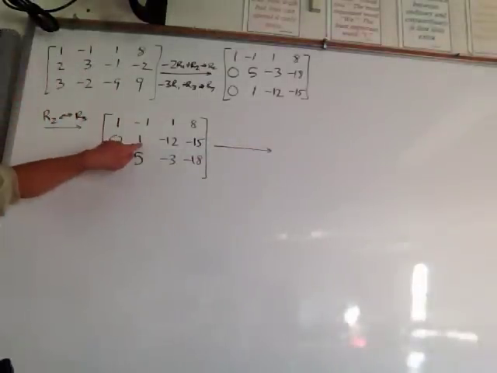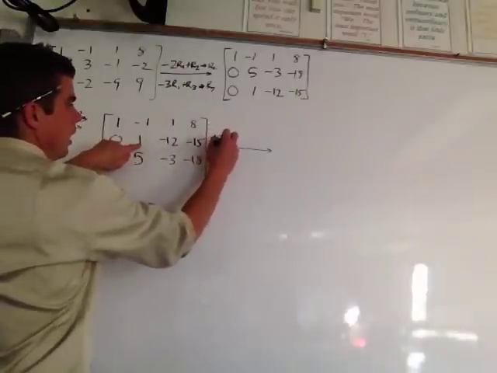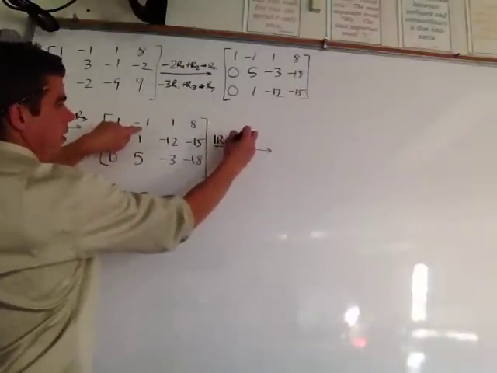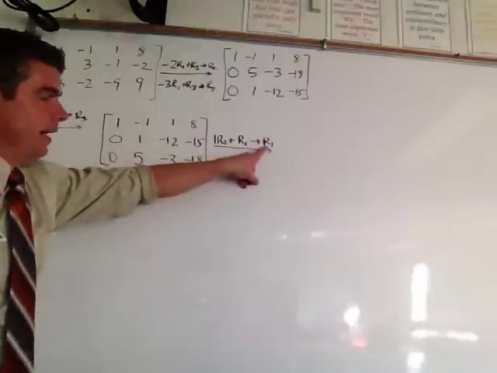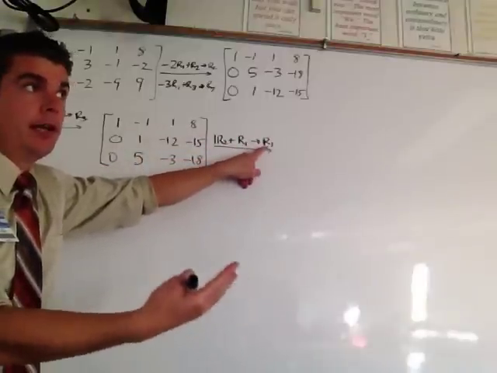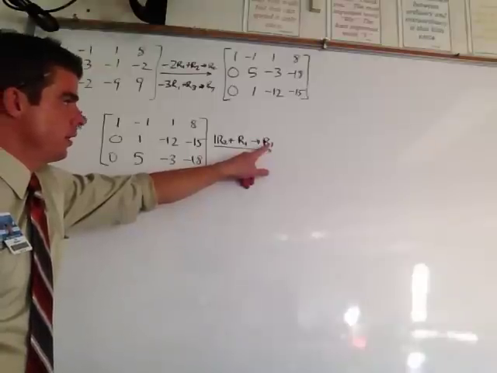So in this particular case, since they're already opposites, I'm going to do 1 times row 2. I'm going to add it to row 1, and I'm going to put the result into row 1. The fact that I'm putting the result into row 1 tells me that that's the only thing that's going to get changed.